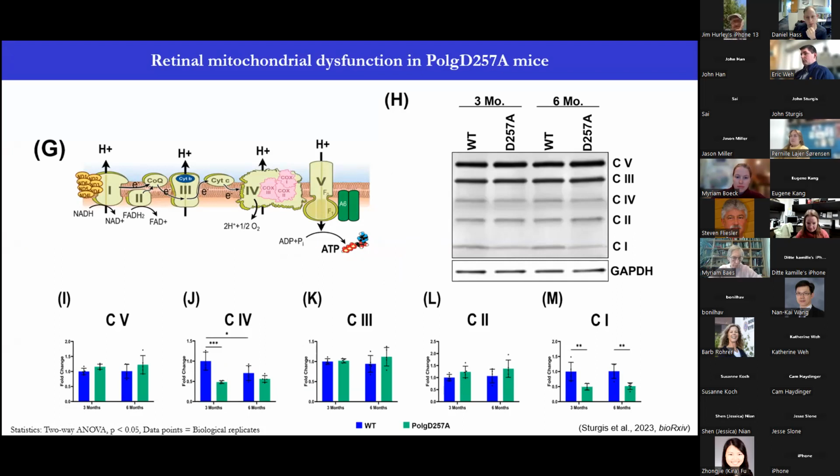But in general, it's probably lack of ATP production, or maybe altering one of the levels of these complexes probably alters the supercomplex formation as a whole, which we haven't really looked at yet. That could be the reason why we're seeing retinal cell death, or outer nuclear layer thinning.